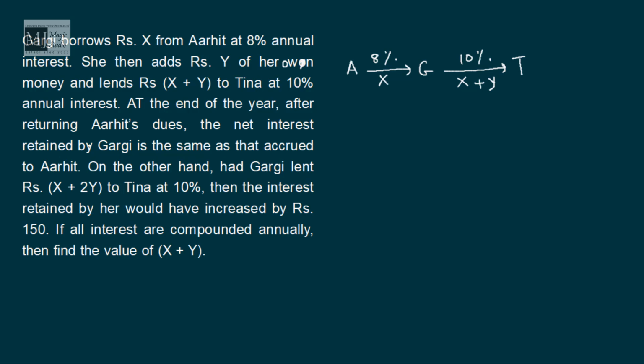At the end of the year, after returning Arhit's due, the net interest retained by Gargi is the same as that accrued to Arhit. Stop. Let's frame this equation first.